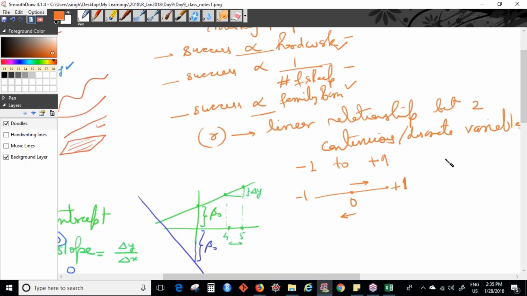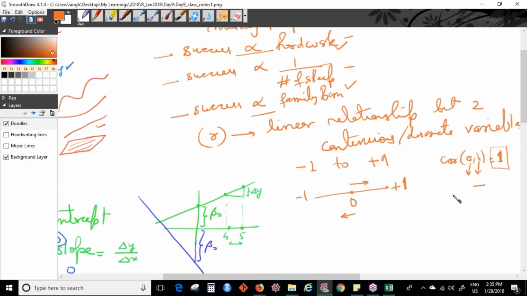So if you get correlation between two quantities, let's say A and B, as 1, that means they are perfectly proportional. That means 1 unit increase of A will give 1 unit increase of B. That is why the correlation is 1 here.